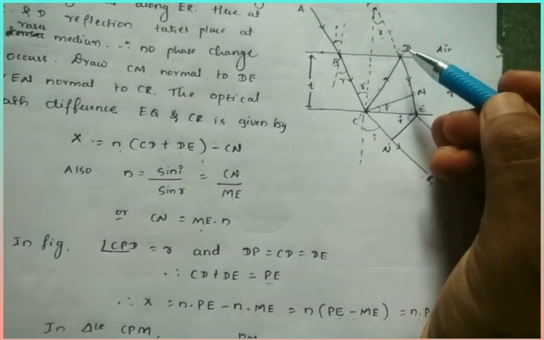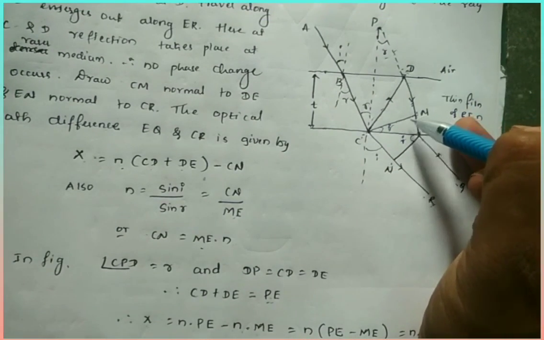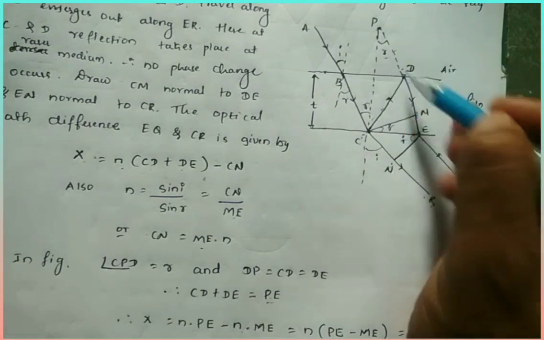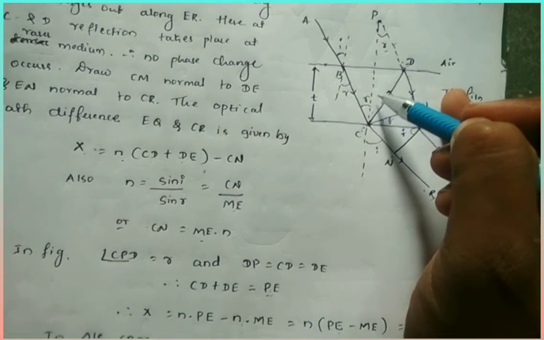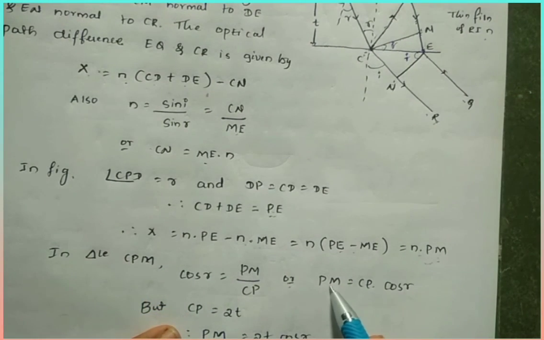So PM divided by CP. So cos r equal to PM divided by CP.